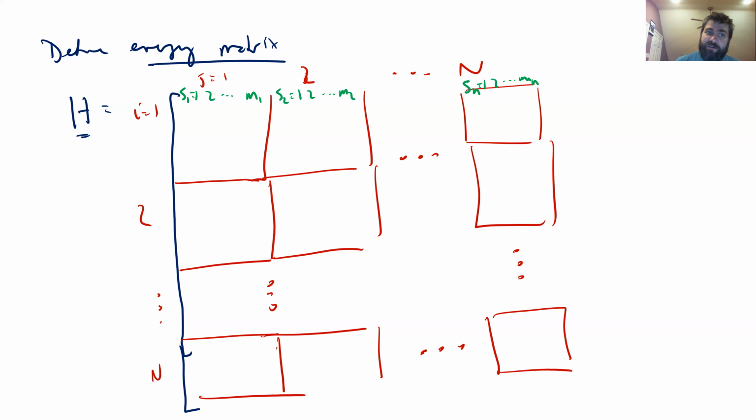And once again, we do the same thing for both the rows and for the columns. Right? And so this has all possible choices of rotamers at all possible positions in the rows and the columns.